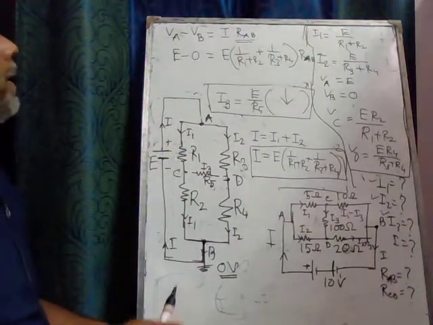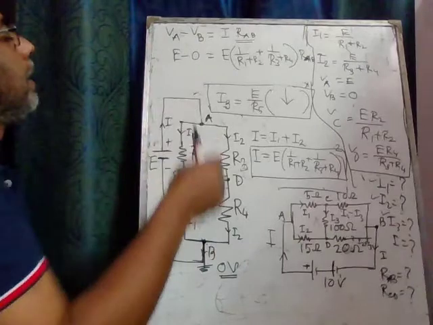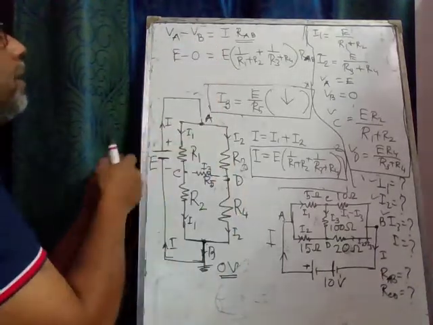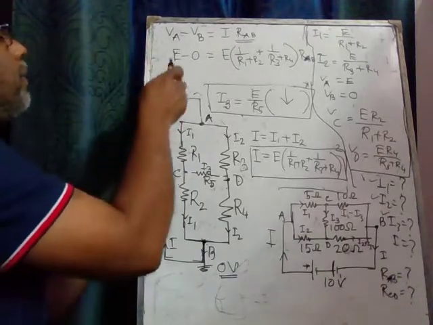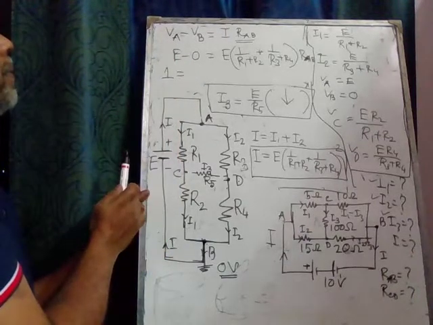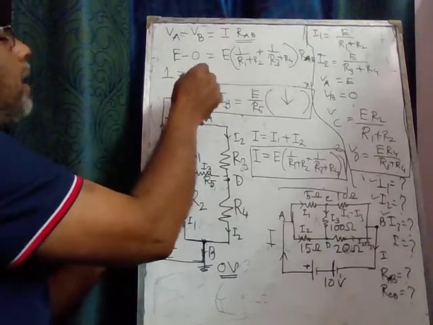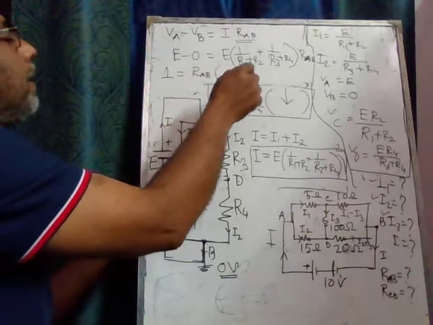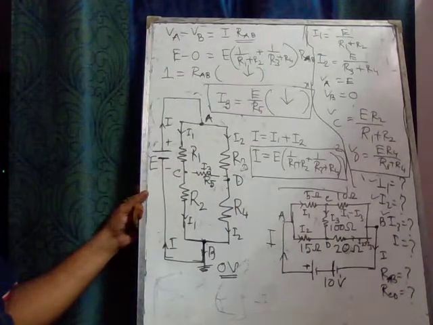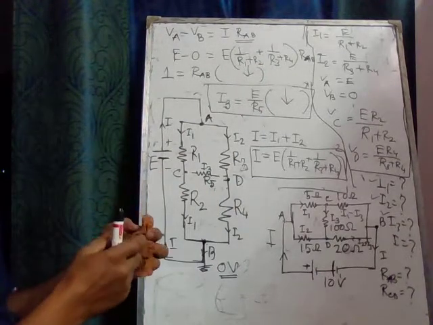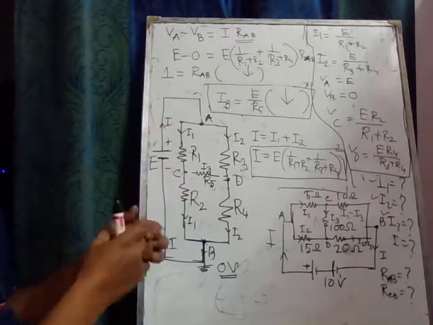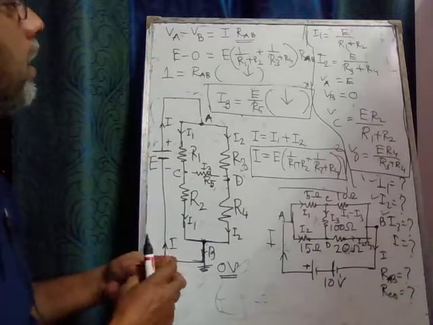So on the left side we have E minus 0. If this E is removed, we are left with 1 equal to this one, RAB times this quantity. So finally we get 1 over RAB equal to 1 over R1 plus R2 and so on.